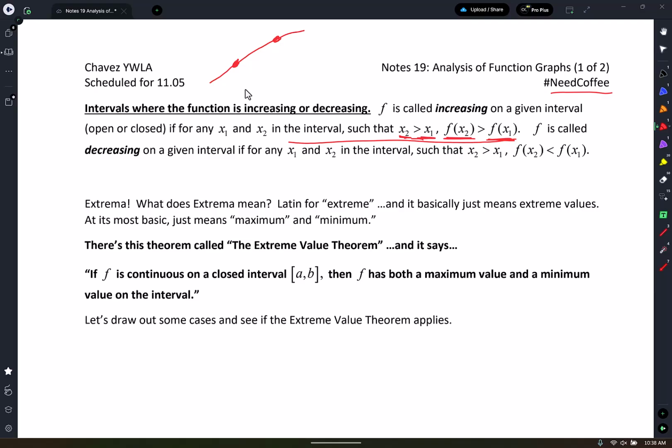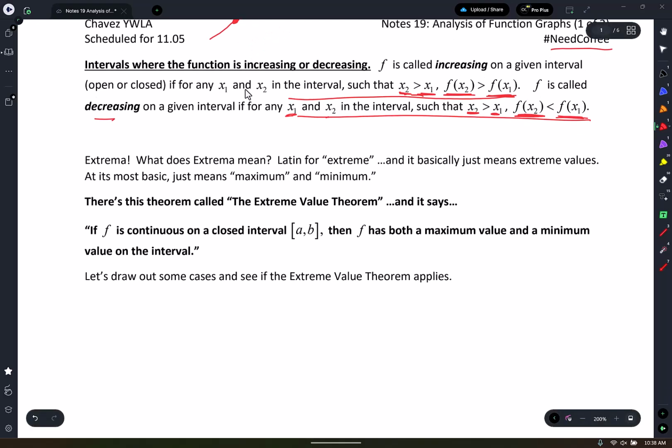If you read a graph left to right and it's going up, the function is increasing. Next, it says f is called decreasing on a given interval if for any x1 and x2 on the interval such that x2 is bigger than x1, the y value at x2 is smaller than the y value at x1. This is just math symbols to say that you read a graph left to right, and if the graph is going down, the function is decreasing. That's all that notation is. There's a new word.